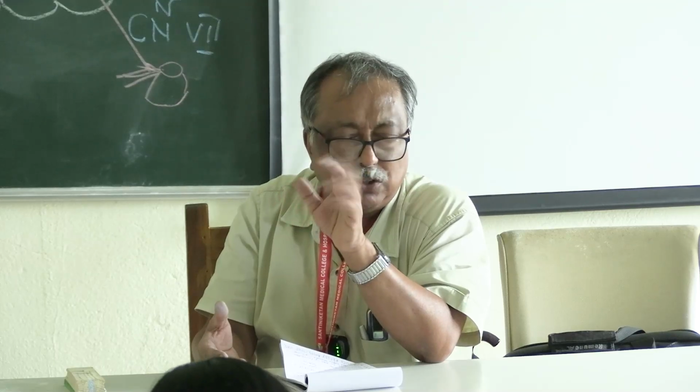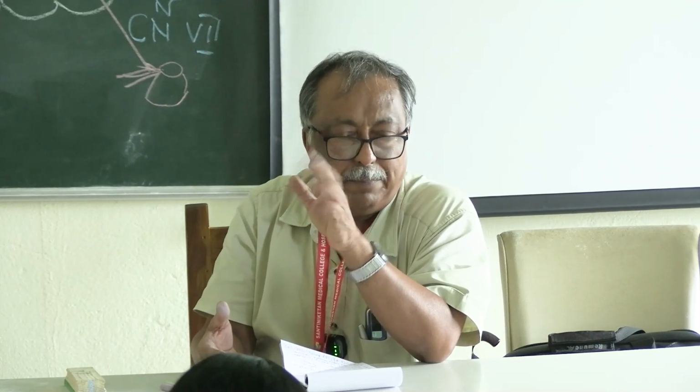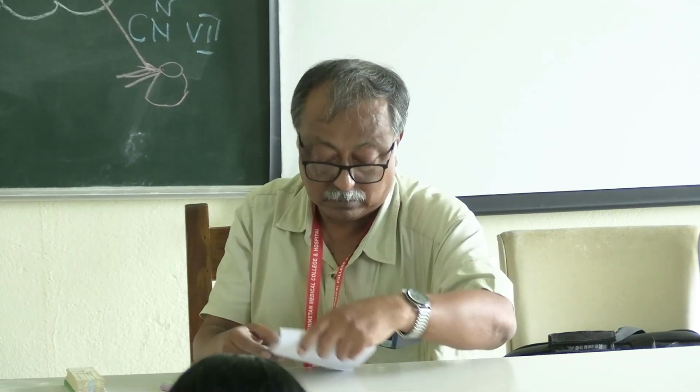But if the reflex is absent for a long time, that means there is no chance of facial nerve repair automatically, or it will not improve. Then you go for the grafting, facial nerve grafting. That means to assess the facial nerve paralysis, the acoustic reflex test is very much helpful.